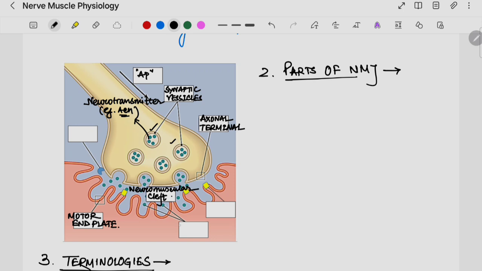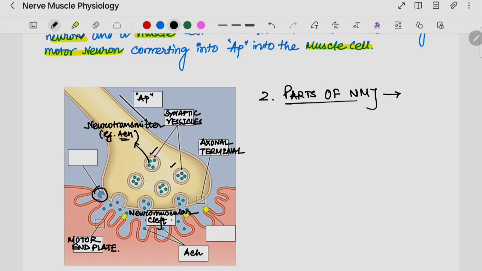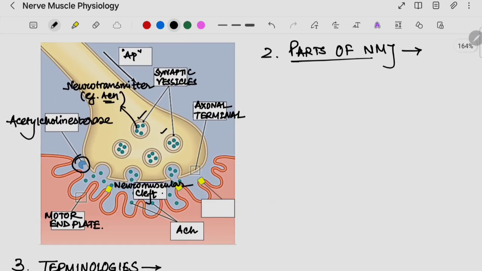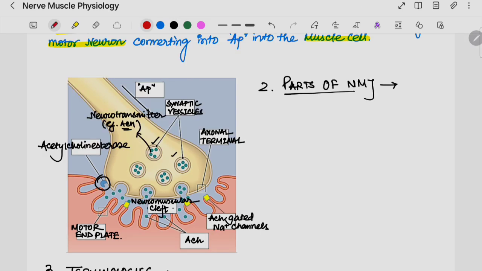So in the cleft, all these are acetylcholine. This structure is acetylcholine esterase, and this yellowish box is the acetylcholine gated sodium channels.